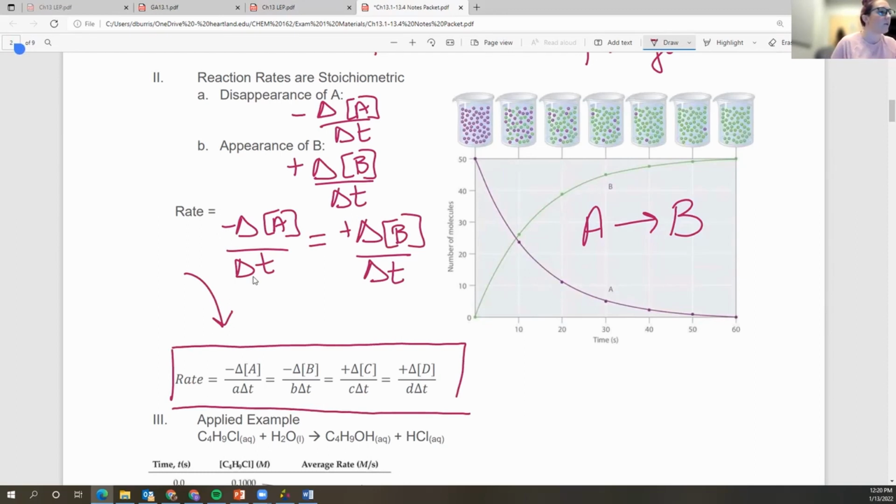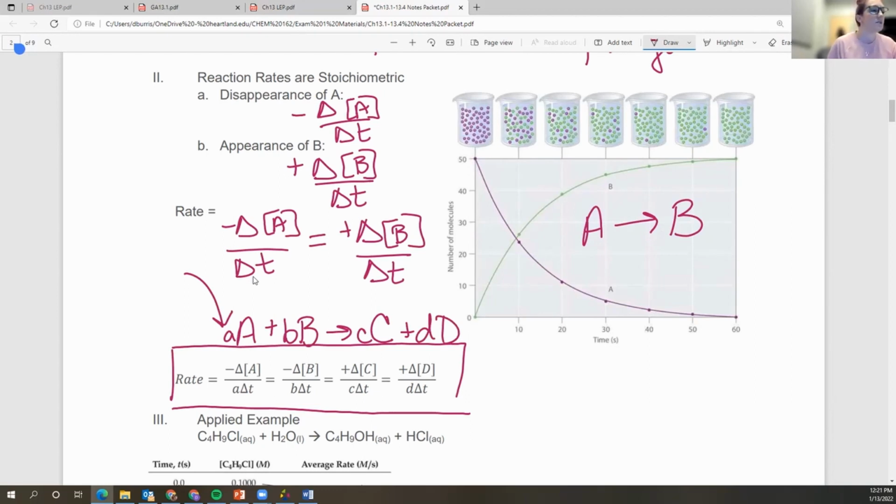So this is kind of how it works for a generic reaction, meaning a generic reaction being little a times A plus little b times B makes little c times C plus little d times D. So the negative ones are the reactants, right? Reactants disappear. Positive ones are the products up here.